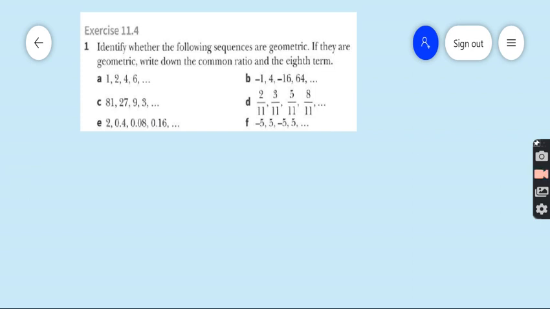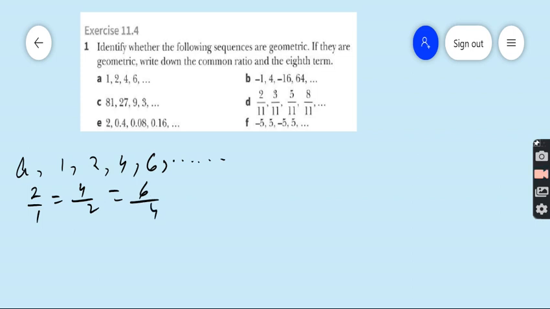Part A: 1, 2, 4, 6. Now check whether this is geometric or not. If the ratio is same, then obviously it is geometric. So 2 upon 1 must be equal to 4 upon 2 must be equal to 6 upon 4. 2 upon 1 is 2, 4 upon 2 is 2, and 6 upon 4 is 3 upon 2. So it is not geometric.